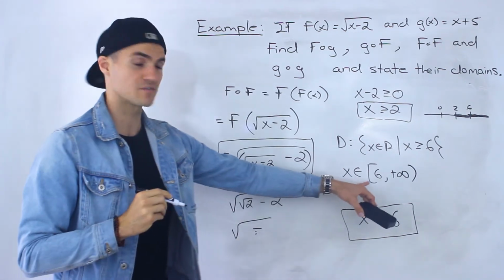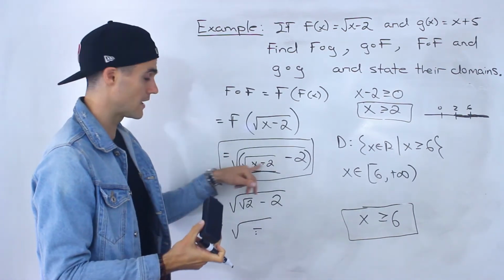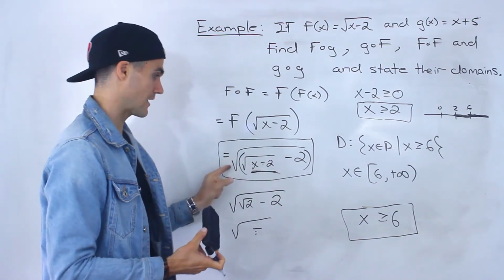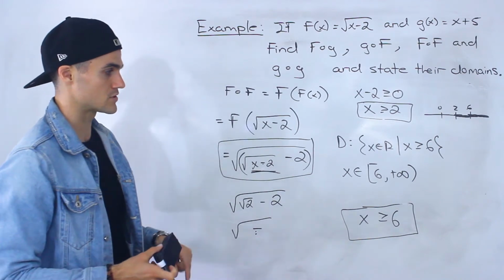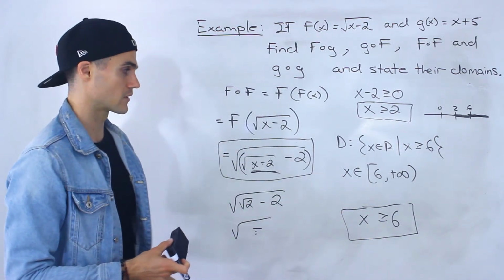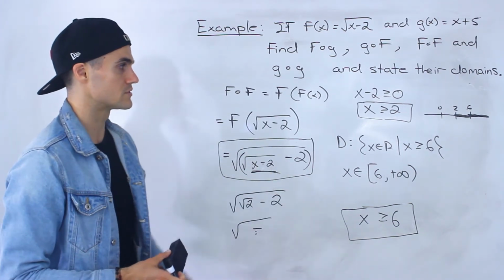And it could be inclusive of the 6, because notice if we plug in 6, we'll have 6 minus 2, which is 4. Square root of 4 is 2. Minus 2 is 0, and the square root of 0 is just 0. So at an x value of 6, this whole function is going to be 0. And then all the x values have to be greater than or equal to 6.